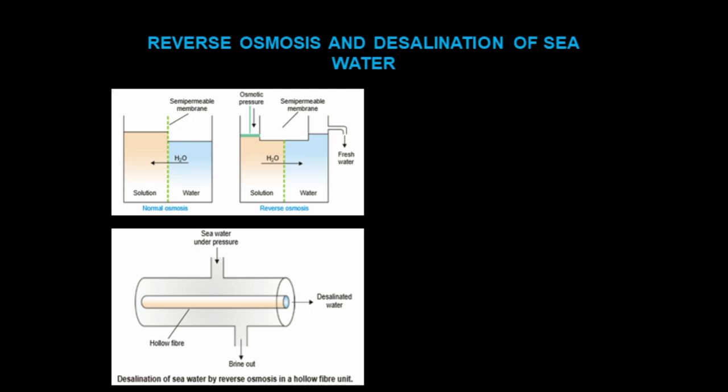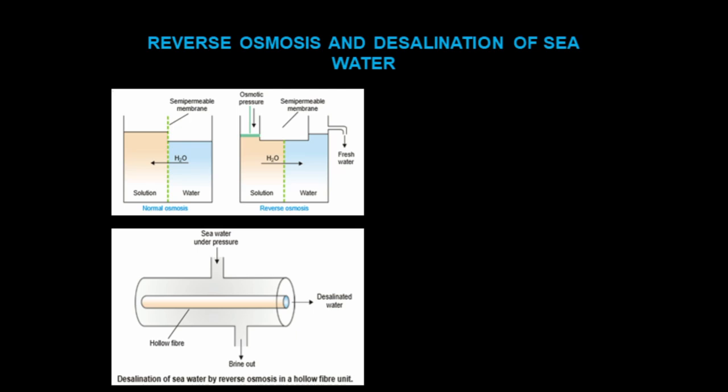In normal osmosis, the movement of solvent takes place from the solvent phase to the solution phase, and thereby the water level increases and the hydrostatic pressure exerts, which is known as the osmotic pressure.